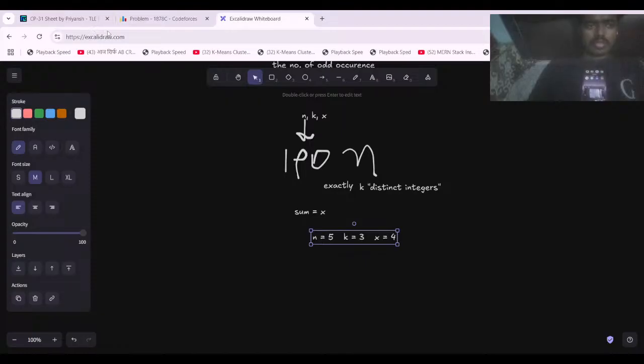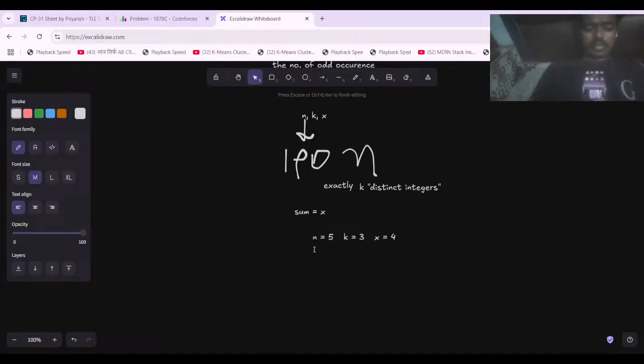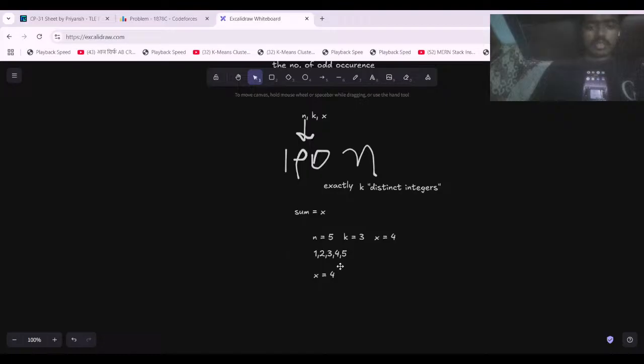So we are trying to picture it like if you have n equal to 5, that means 1, 2, 3, 4, 5, right? So x is equal to 4. So you want to do it by taking exactly three distinct integers.